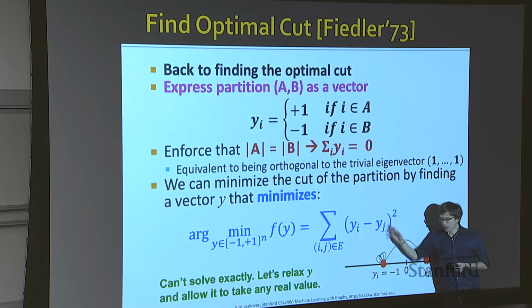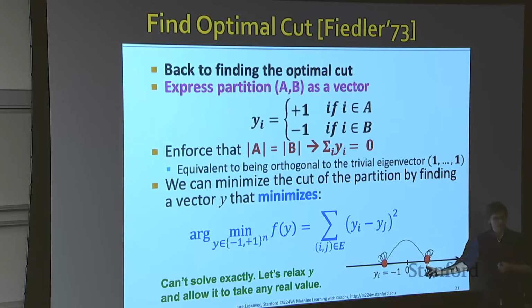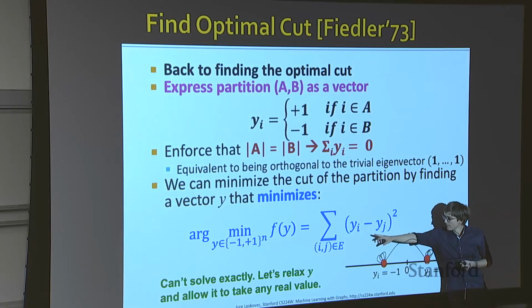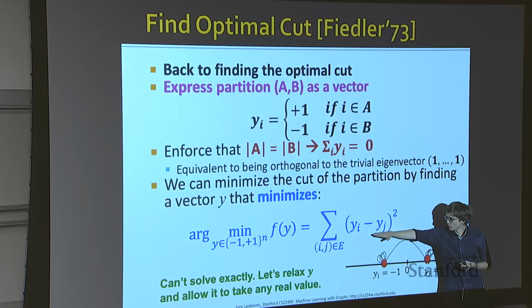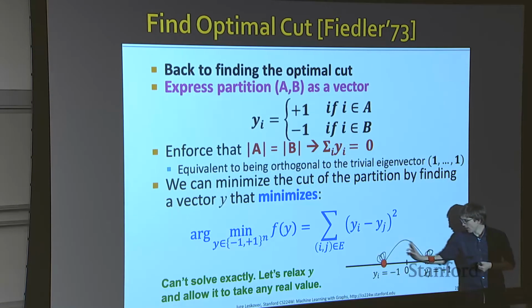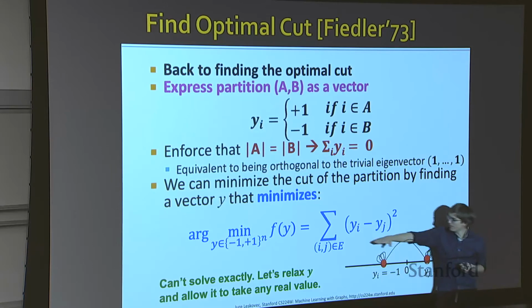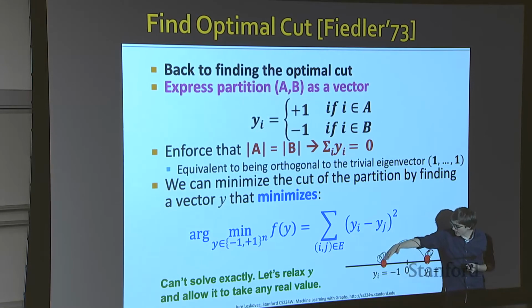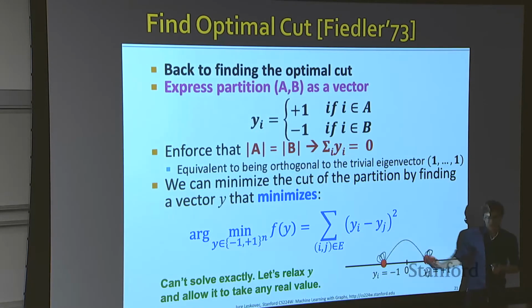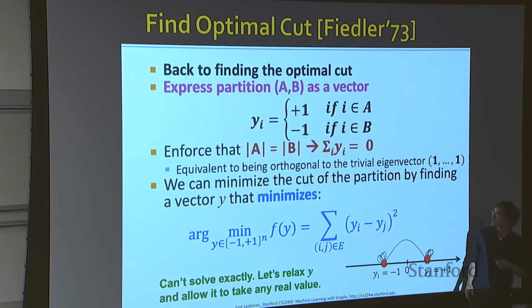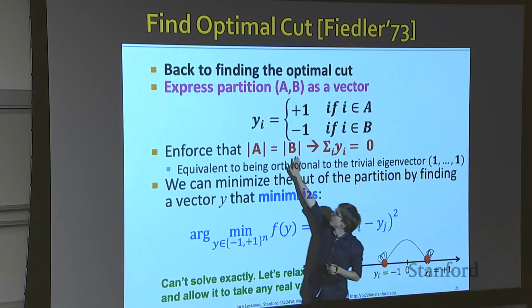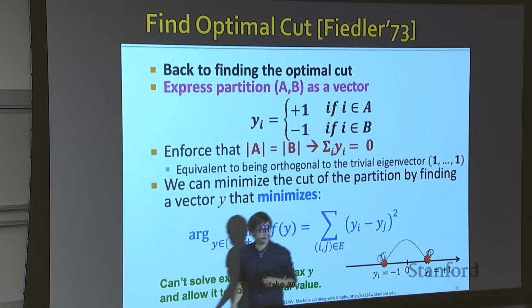And the only time you will pay a penalty is whenever the edge crosses, right? So you will get a penalty of 4 for every edge that crosses. So the value of this expression will exactly count the number of edges that cross the two partitions. Here I assumed or enforced that they are of equal size.